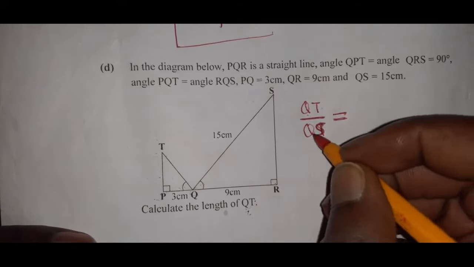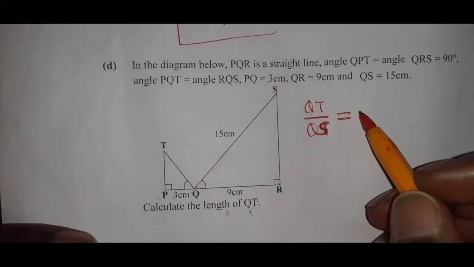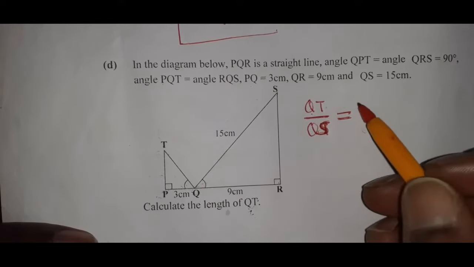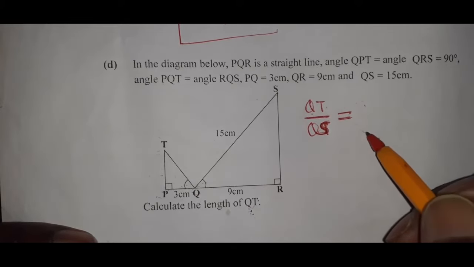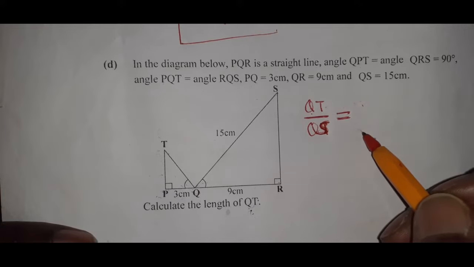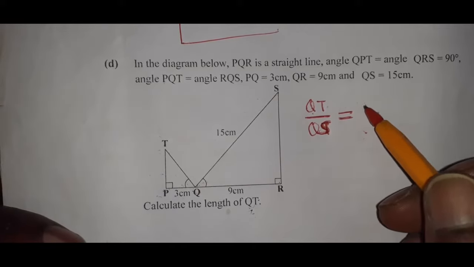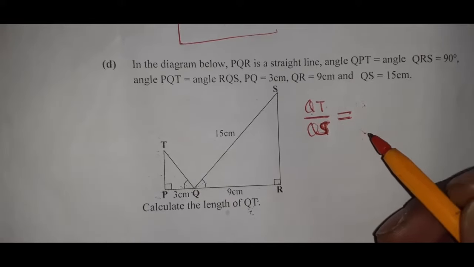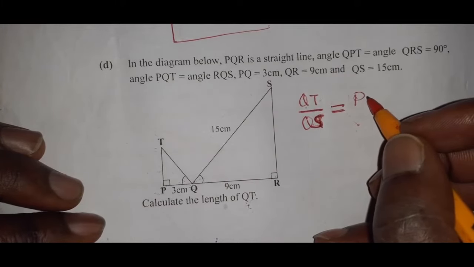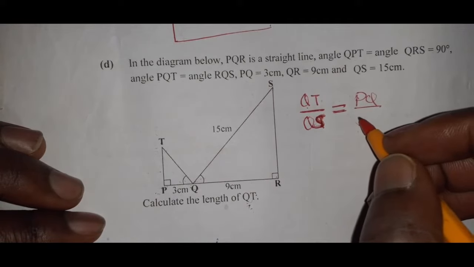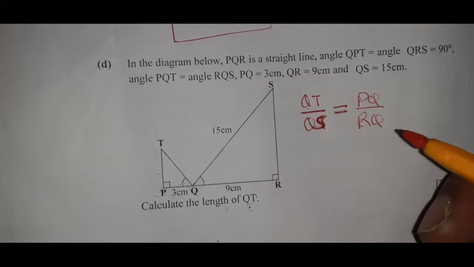We need the side from the smaller triangle and the side from the bigger triangle. Both of them should have the measurements given, because this is going to be our reference point. So we are going to say PQ over RQ, because these are ratios that we are using.